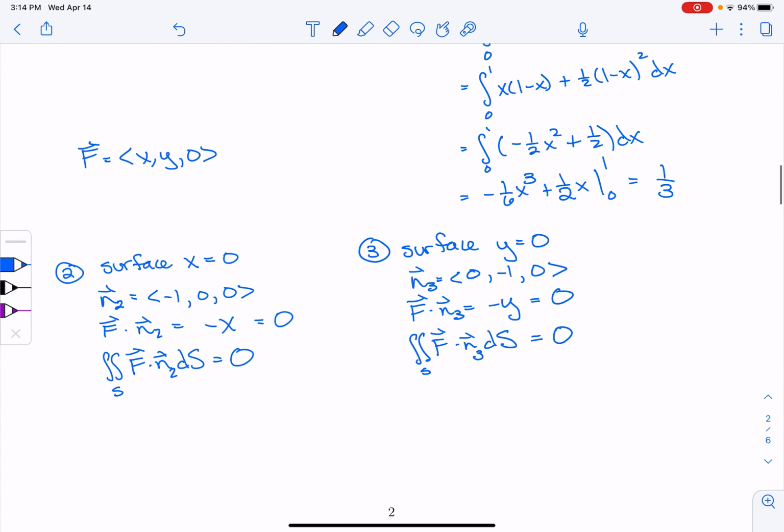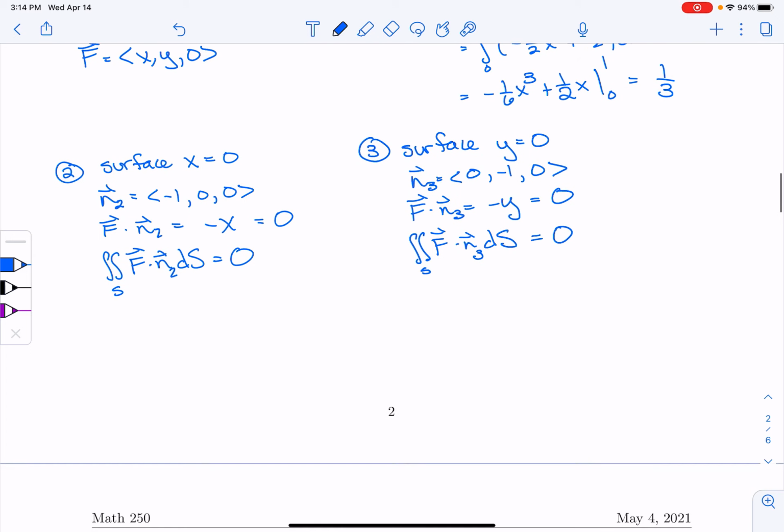So let's look at that surface. This surface is going to be the surface where z equals 0. And if I do f dot n4, in this case my normal vector is 0, 0, -1.